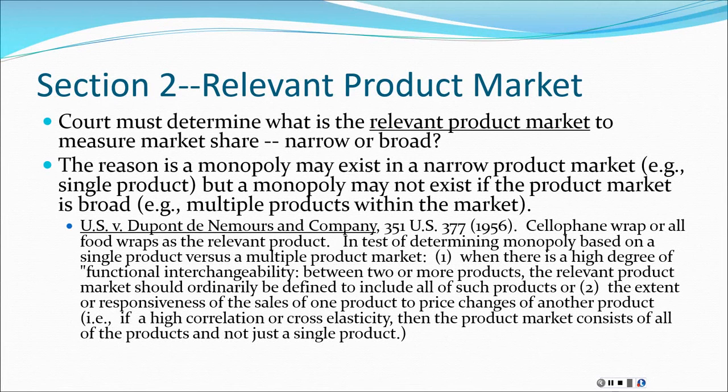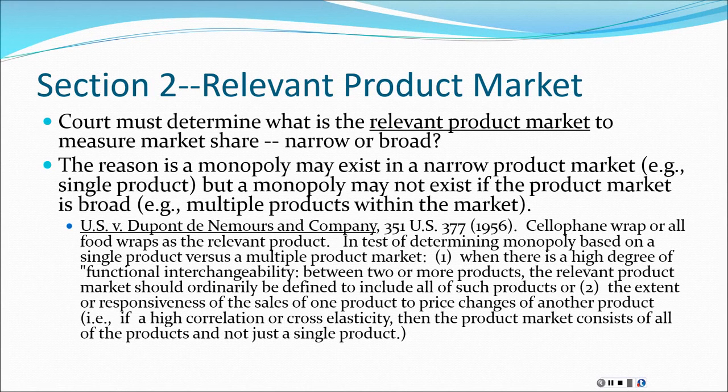The reason is a monopoly may exist in a narrow product market, meaning if there's a single product, but the monopoly may not exist if the product market is broad, meaning there's multiple products in the market.